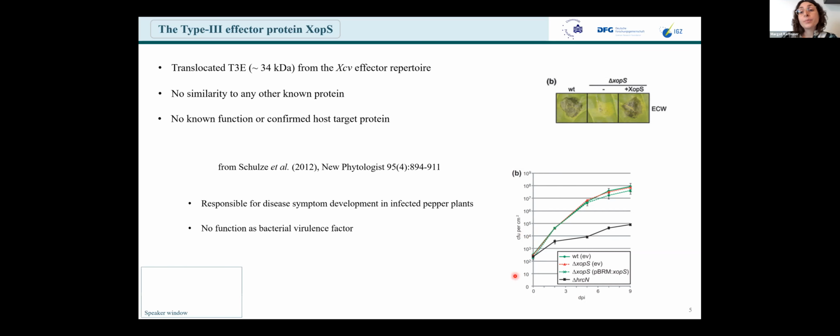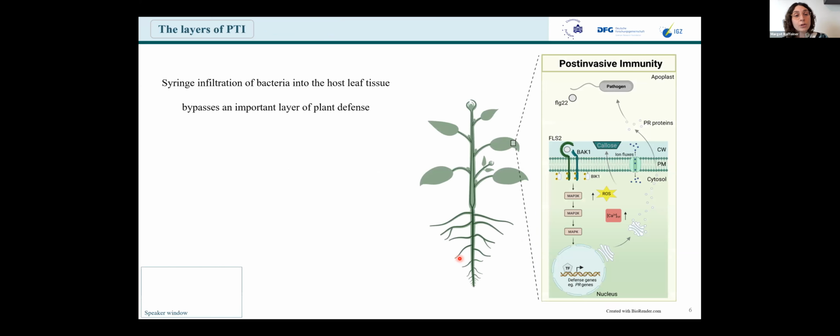So since the bacterial infections shown here in this publication from 2012 were performed by syringe infiltration, we thought that this experimental approach might mask a potential role of the XopS effector protein as a virulence factor. And this is actually because syringe infiltration bypasses a very important layer of plant defense, which is stomatal immunity.